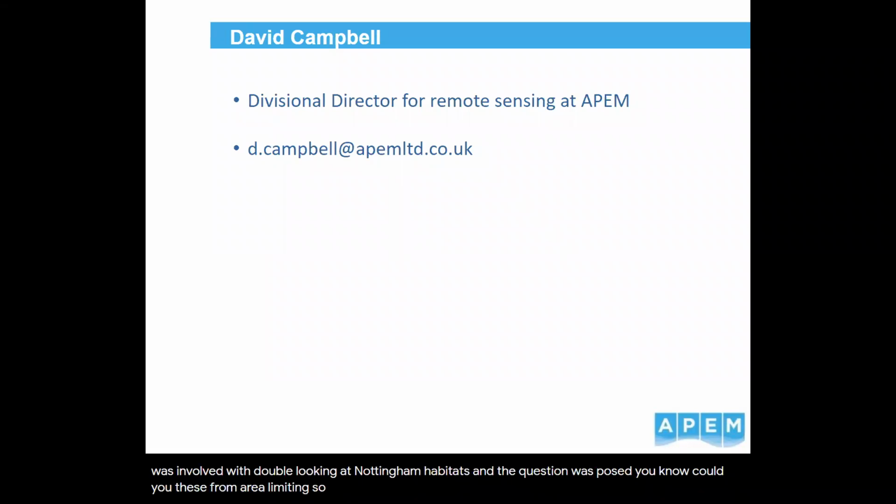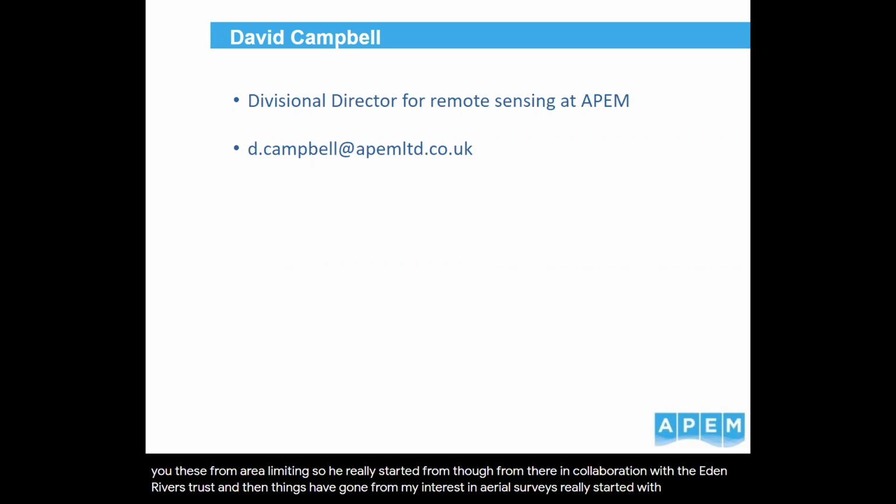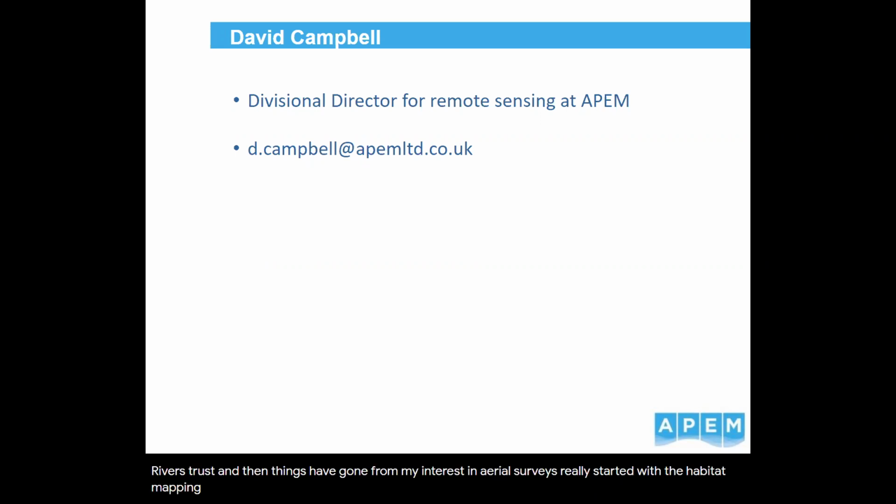So it really started from there, in collaboration with the Eden Rivers Trust, and then things have gone on from there. But my interest in aerial surveys really started with river habitat mapping, and is still very much there. So I will welcome the opportunity to explain it all to you.